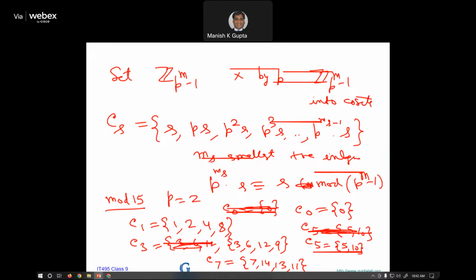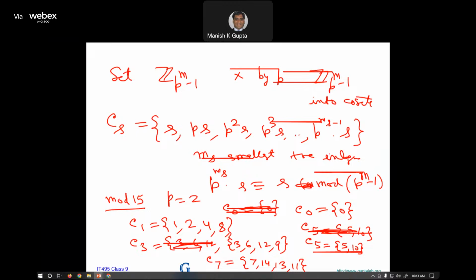Next, which number is left? 7, right? Start with 7. C7 is equal to 7. 7 into 2 is 14. 14 into 2 is 28, modulo 15 is 13. 13 into 2 is 26, modulo 15 is how much? 11.